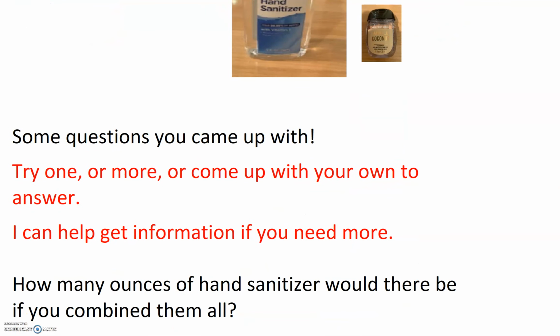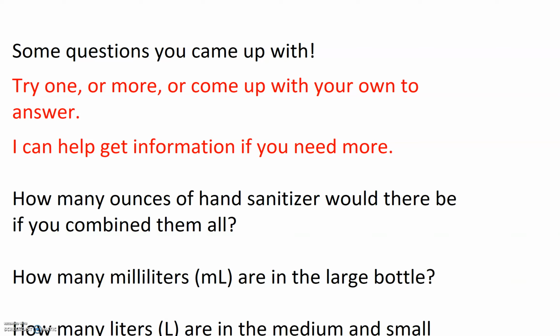Okay, so the first question: how many ounces of hand sanitizer would there be if you combine them all? And the question was ounces, right? So if we combine them all, first we need to know a gallon. Wonder how many of you figured that one out. Gallon equals 128 ounces.